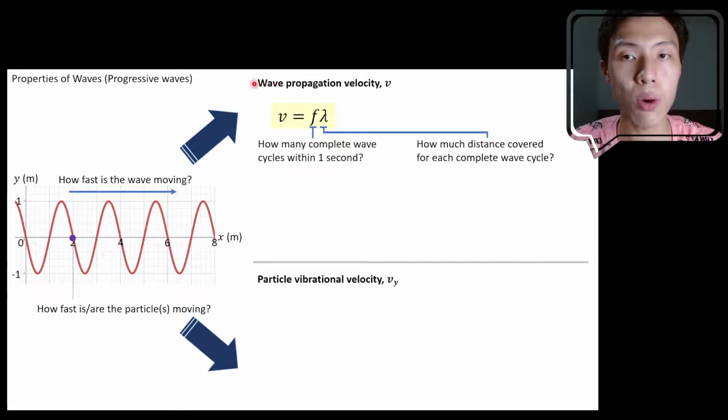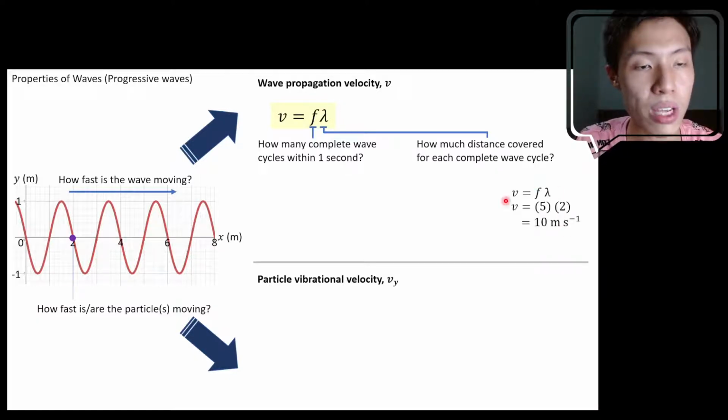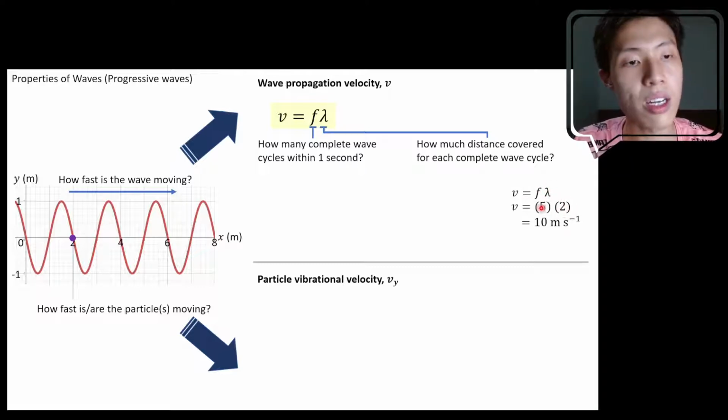How will you obtain your wave propagation velocity when you multiply these two things together? Let's investigate it. Say I give you an example in which the frequency is 5 Hertz and the wavelength is 2 meters. Then you multiply and get a wave propagation velocity of 10 meters per second.